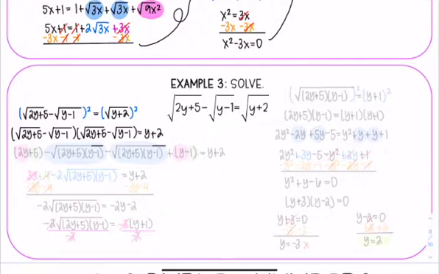So the square root of 2y plus 5 times the square root of 2y plus 5 is just going to give me 2y plus 5. Then for our outside, I am just going to leave this as multiplied or factored form. We have 2y plus 5 times y minus 1, and then we get the same thing again.